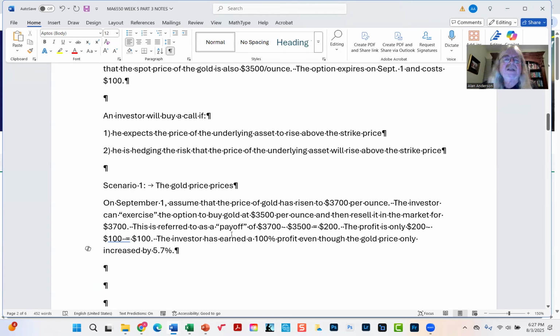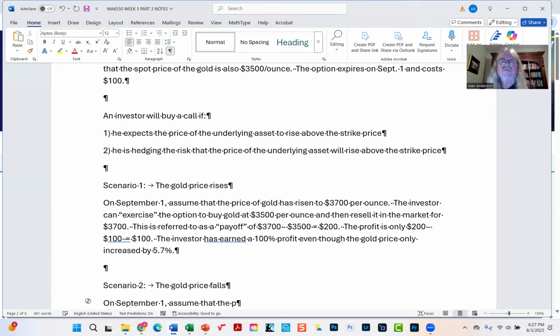And now, on the other hand, scenario two, the sad one, the gold price falls. So let's say in this scenario on September 1st, assume that the price of gold has fallen to 3,300 per ounce.